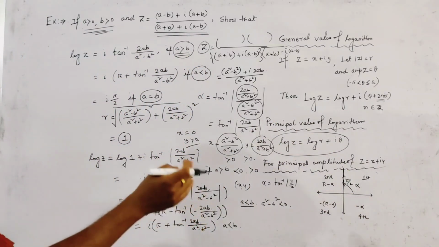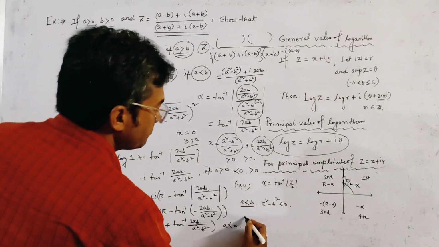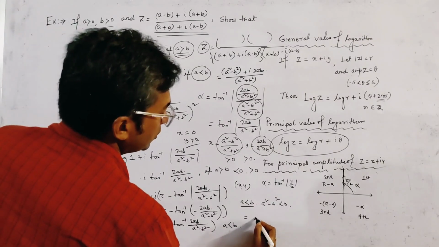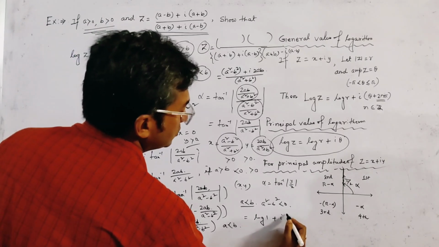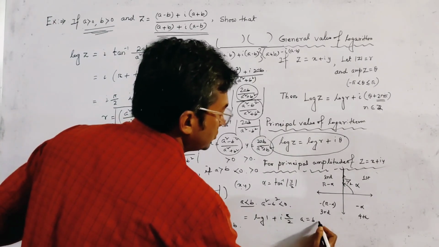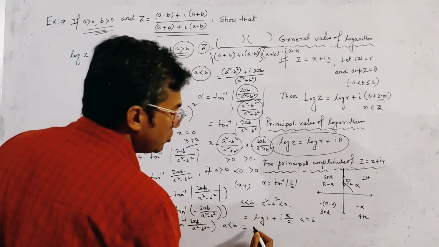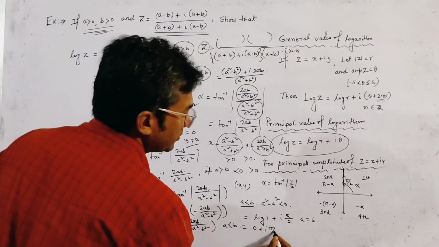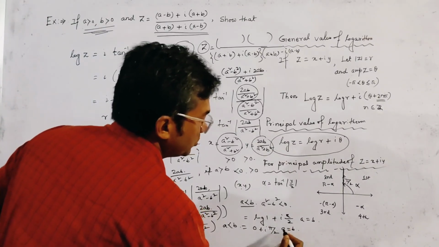In the third case the result is log 1 plus i times pi by 2. For a equal to b, we get log 1, which is 0, plus i pi by 2.